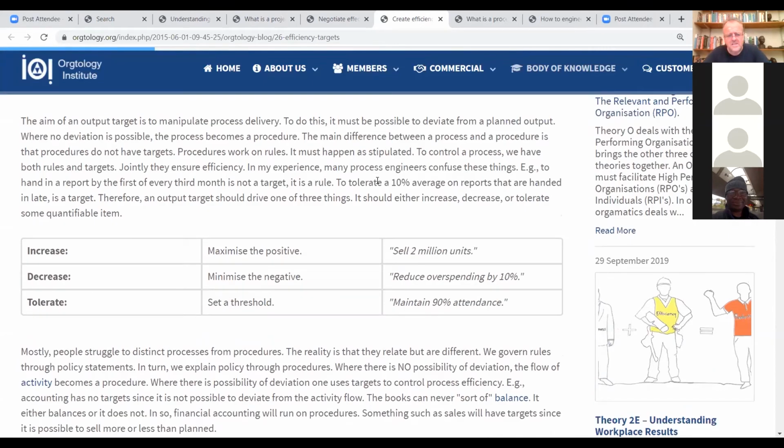So output targets basically control our processes. There on the screen, you can see that there are 3 ways in which we can measure an output target. We either increase something, we decrease something, or we tolerate something. And the complexity that you might pick up there is that there's a very thin line between something we tolerate and something we create rules about. The difference really is that when we tolerate something, we're not certain, we have to put in extra effort to get there.